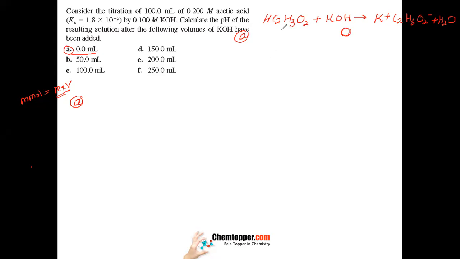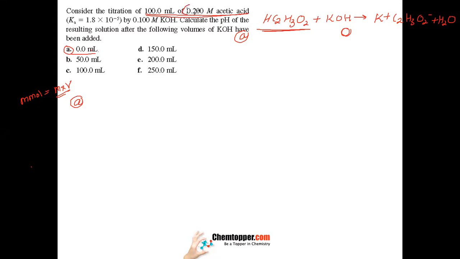So what is there? Only this acid. You have not added any volume. Will there be any change in the concentration of this acetic acid at the A point? No, because there is no change in the volume.